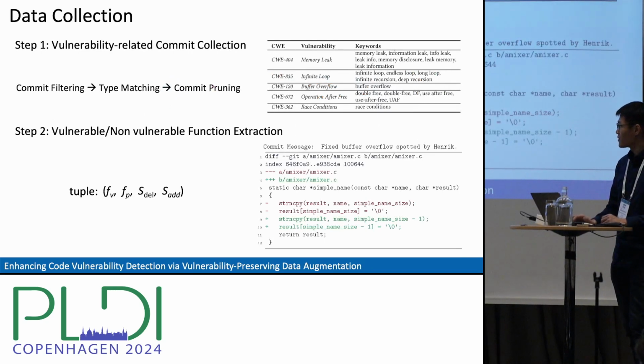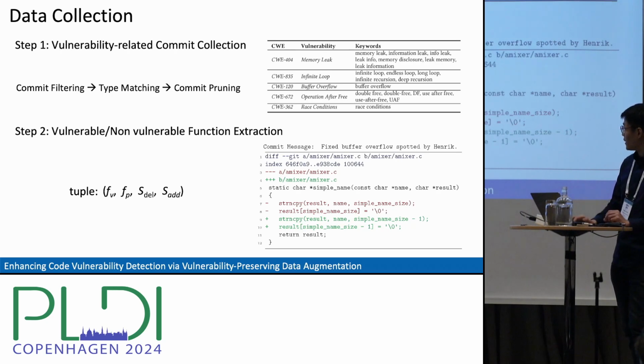To collect the data set, we first gather the commits related to the vulnerabilities, and then extract the vulnerable and non-vulnerable functions from the commits. For the vulnerability-related commit collection, we first define a list of keywords and use them to filter out our targeted vulnerable functions.